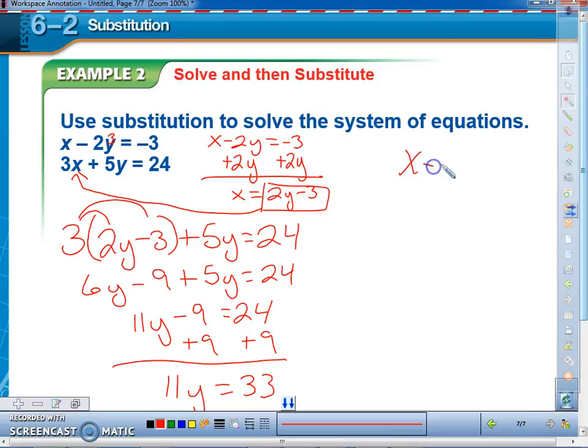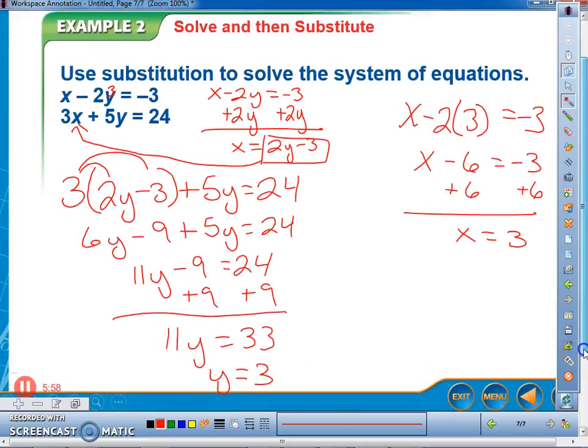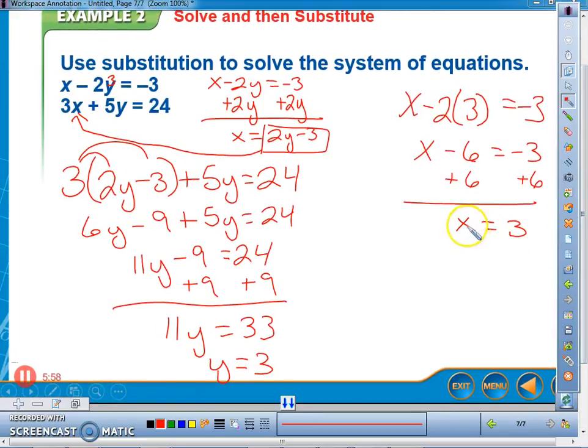And that becomes x minus 2 times 3 equals -3. Well, I have x minus 6 equals -3. I'm going to add 6 to both sides. And I come up with x equals 3. So my solution to this is when x equals 3, y equals 3.